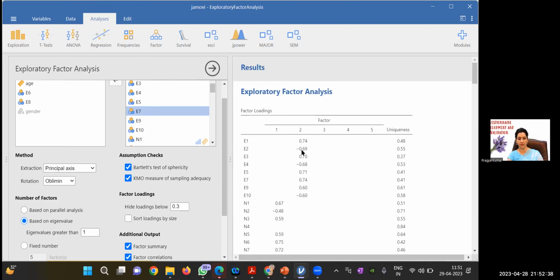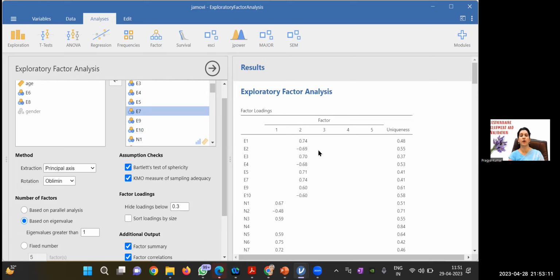Now calculate the mean of this factor 2, all of you. Please redo it, because I have removed 2 items which had more error or more uniqueness.